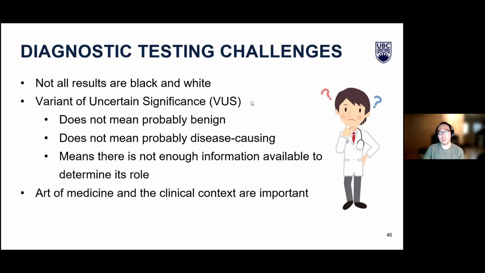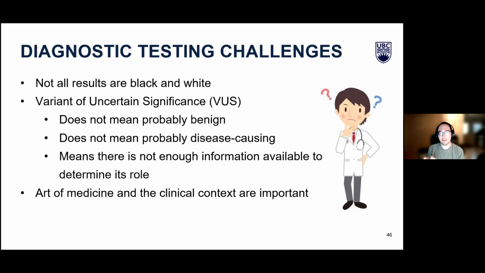So when we do genetic testing, and I haven't gone through all of the specific types or forms of genetic testing that is done, but in certain types of genetic testing, we can get what we call a variant of uncertain significance. And this is a bit problematic because a variant of uncertain significance means that we found some sort of genetic mutation, but we don't really know what it means.